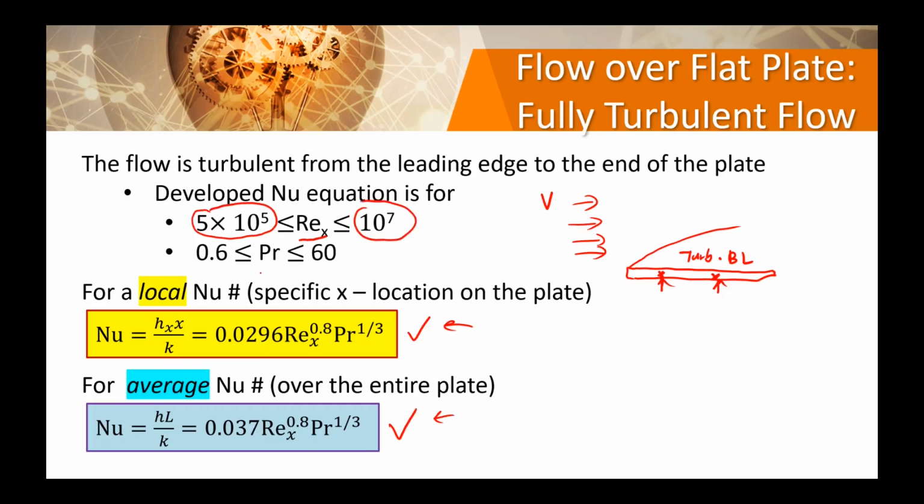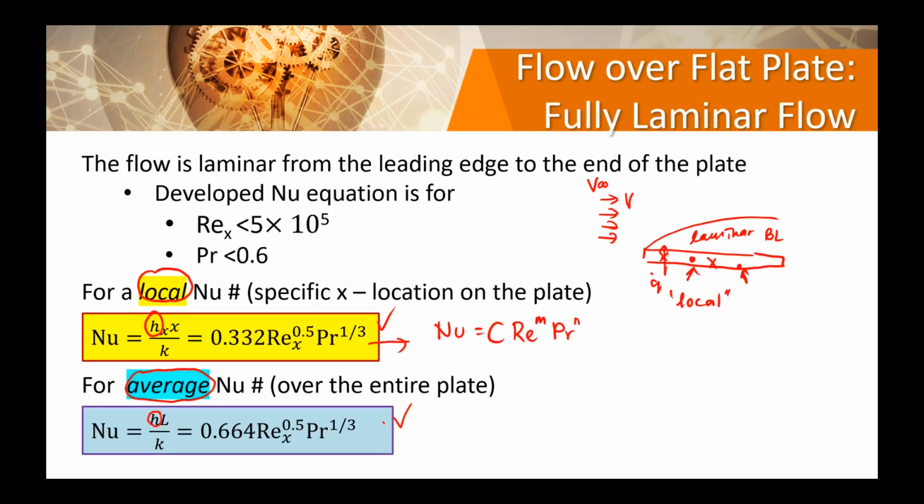And it only applies between Prandtl number of 0.6 and 60, which is quite a good coverage. Most of the time we deal with fluid that has a Prandtl number somewhere in between. So same for laminar flow, we have the equation being valid for Reynolds number less than the critical Reynolds number, and for Prandtl numbers less than 0.6.